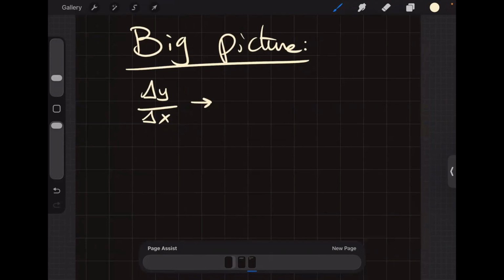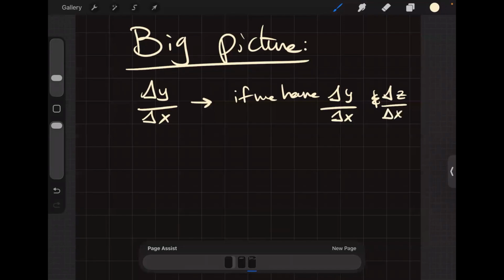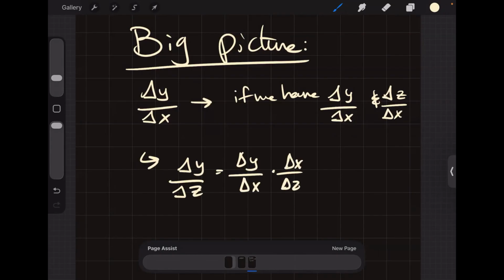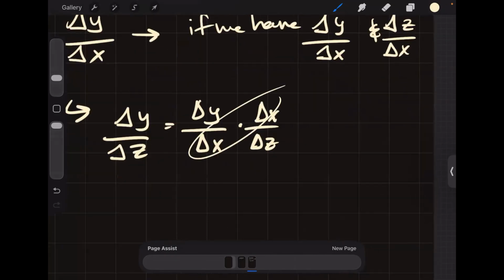And if we have the change in y divided by the change in x and the change in z over the change in x, you know that the change in y in terms of the change in z is the same as the change in y over the change in x times the change in x over the change in z. It's just some dimensional analysis. Cancel out, gives you change in y over change in z.